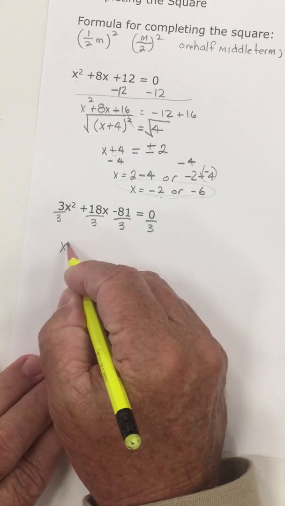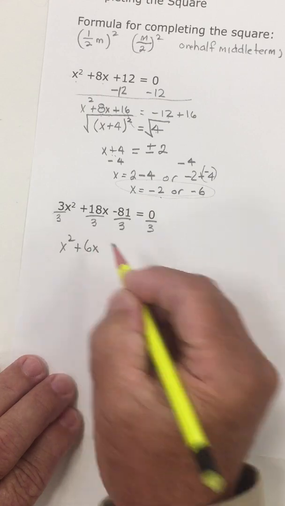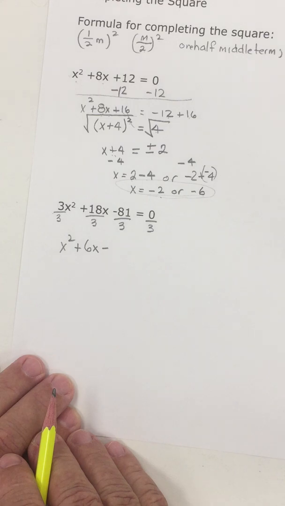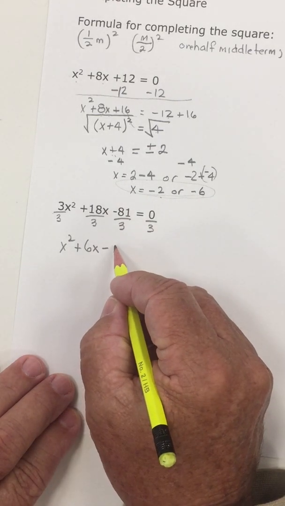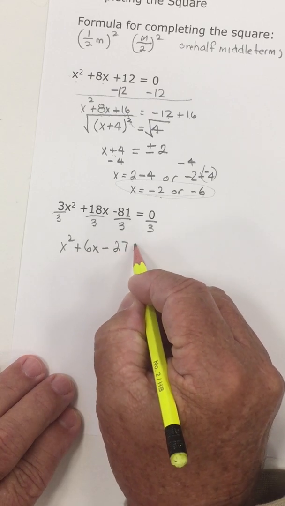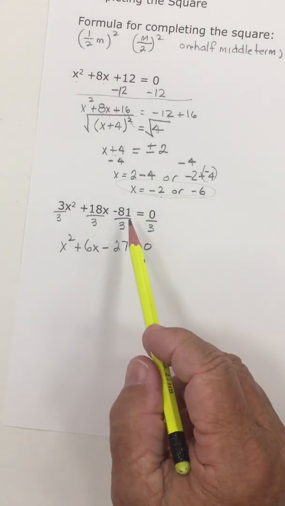So we should have x squared plus 6x minus 27 equals 0.